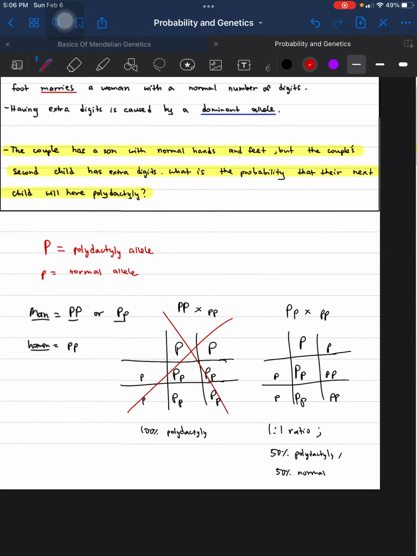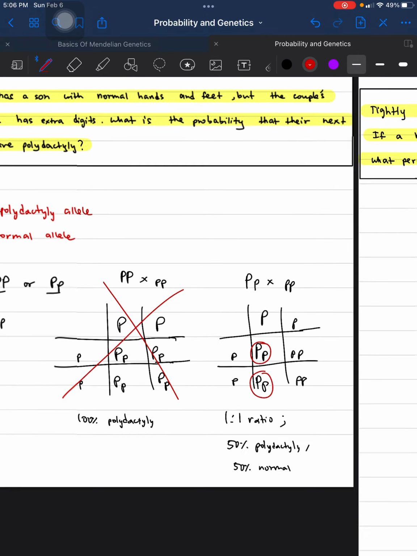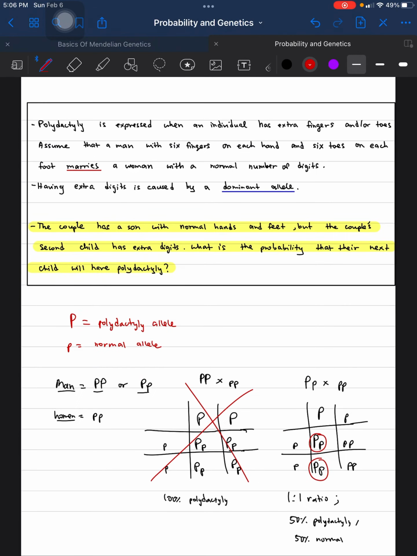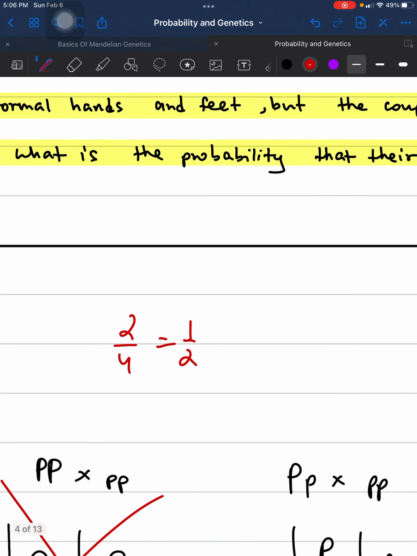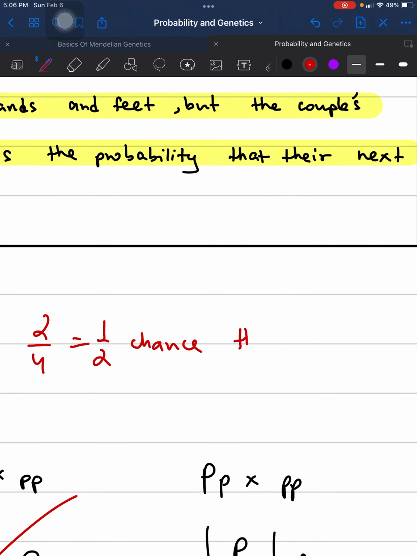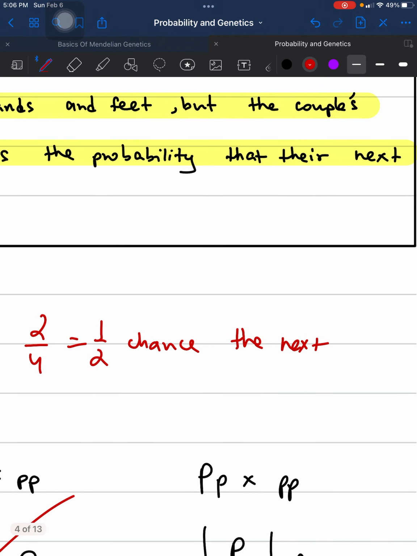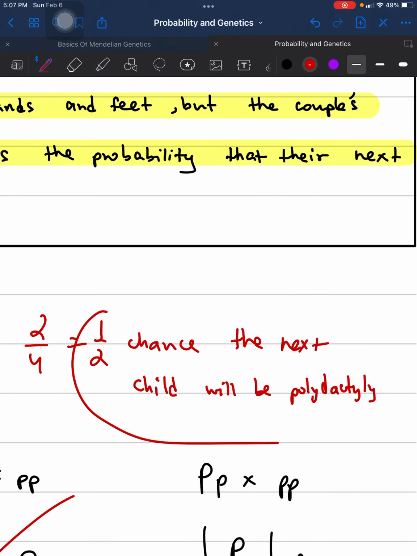There are 4 total offspring, and we have 2 out of 4 that have polydactyly. We can simplify it to 1/2. So there's a 1/2 chance the next child will have polydactyly.